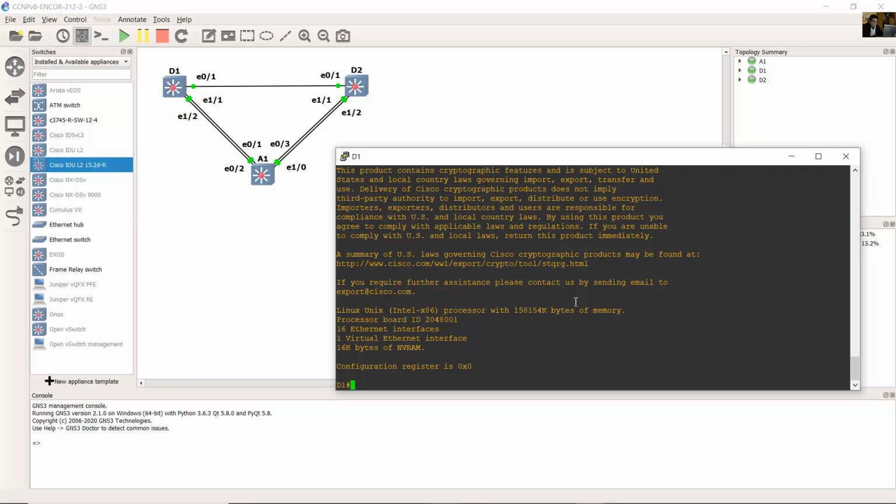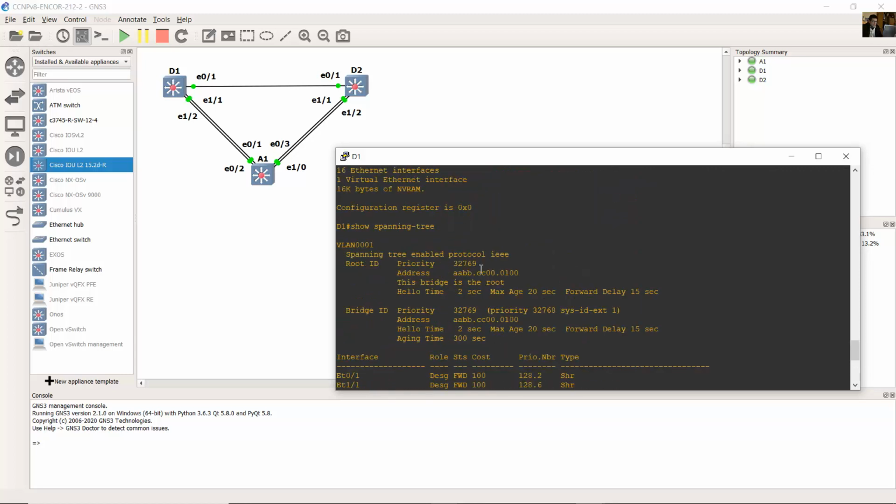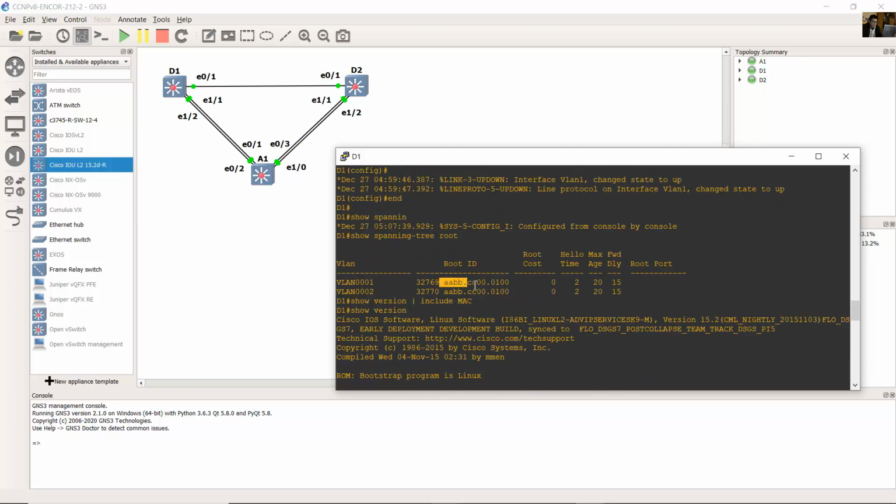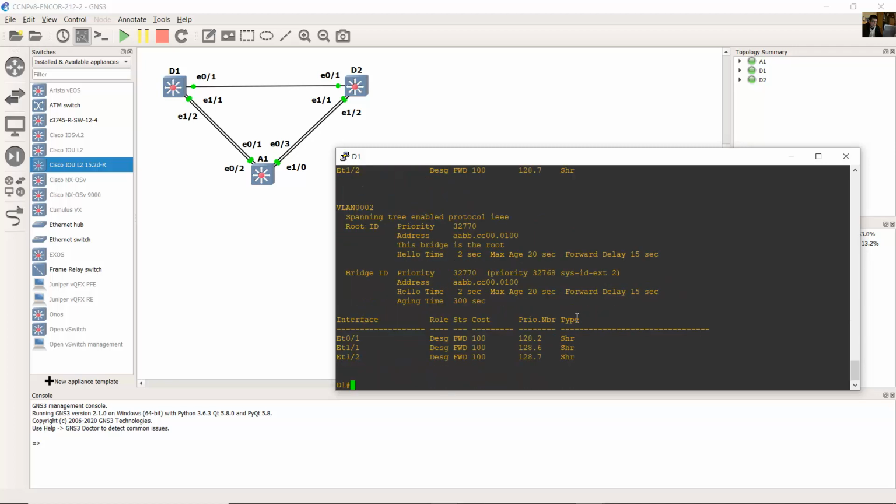So you can use show spanning tree, enter, and you can see on VLAN 1 the bridge ID. This is my local base MAC address, AABBCC000100. Okay, and it is the same MAC address of the root, AABBCC000100. So D1 is the root bridge.